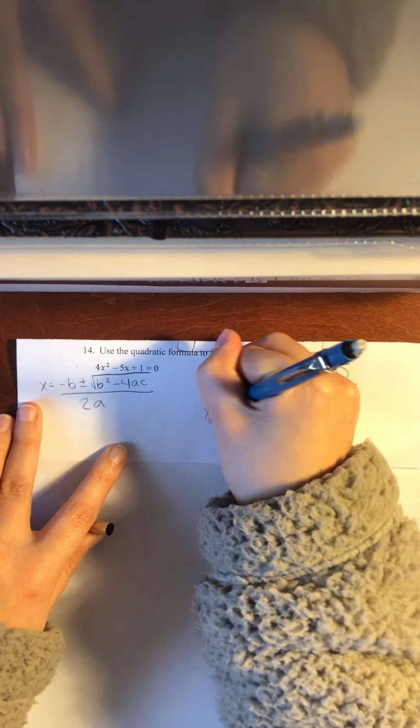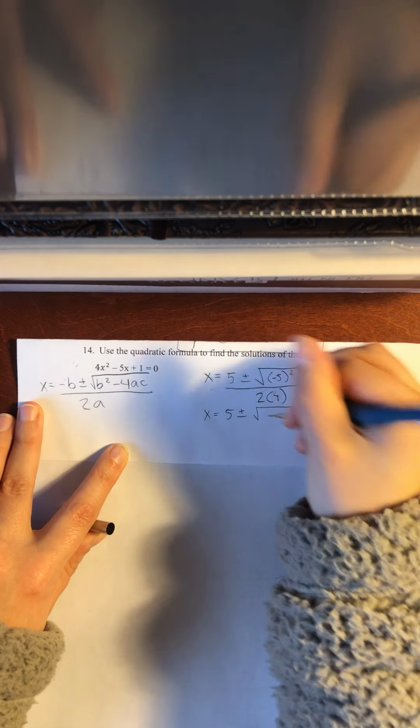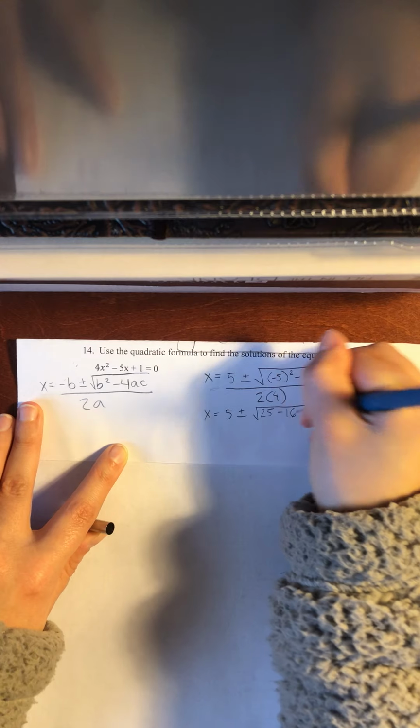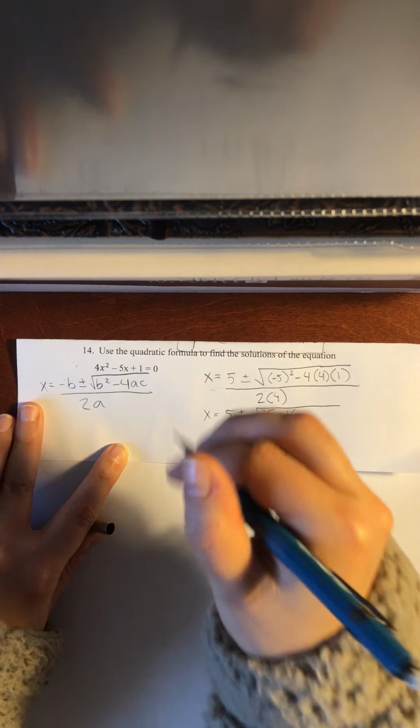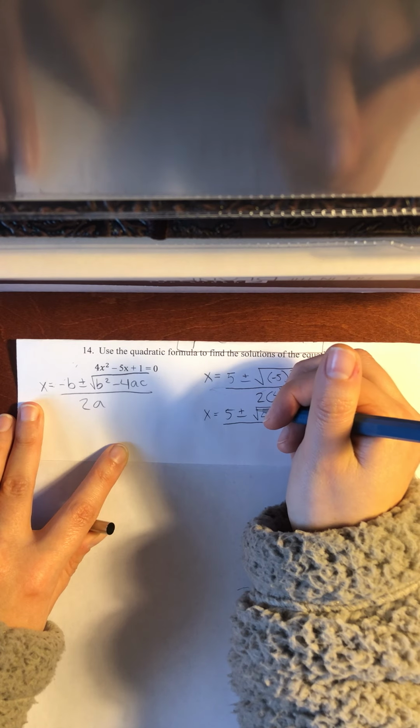So now it's x equals 5 plus or minus the square root of 25 minus 16 over 8.